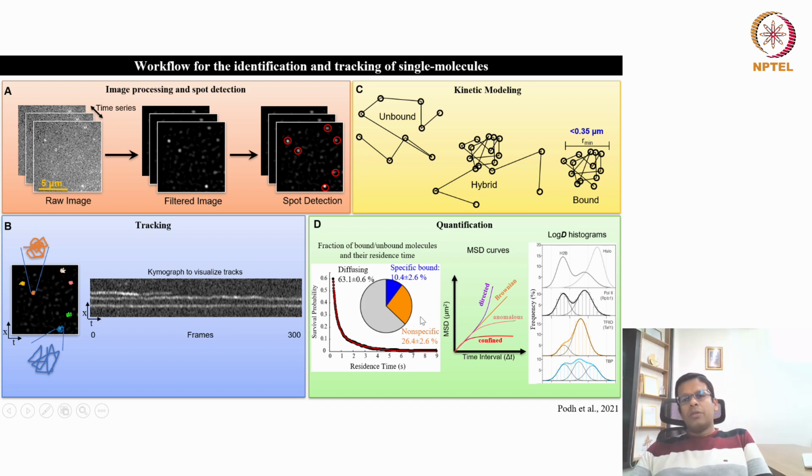These are molecules which are not at the target site, but are making transient interactions with chromatin or other proteins in search of the target site. The gray fraction represents the diffusing molecules. So from the residence time analysis, you can find out the types of bound molecules, the specifically and the non-specifically bound molecules.